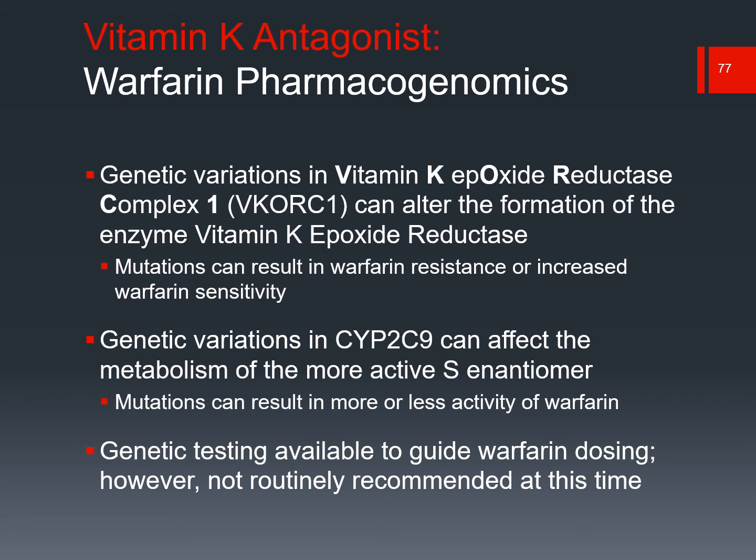This vitamin K epoxide reductase enzyme is used to break down that vitamin K into its reduced active form, in which case any mutations can lead to variations in warfarin effectiveness. So this can lead to warfarin resistance or warfarin sensitivity.